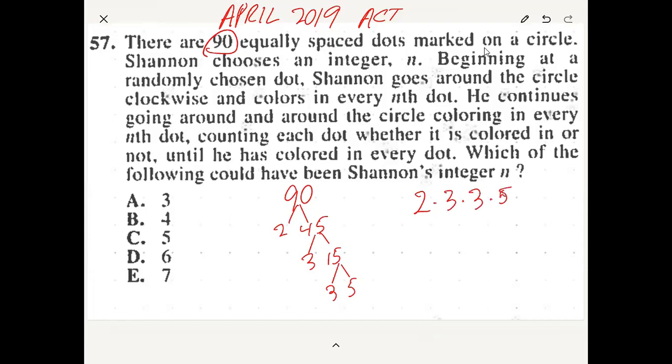So I thought that maybe the answer would be one of the factors. But then when I looked over here, I noticed that 3, 5, and 6 were factors. So I said, how do you decide? So then I thought about it a little more, and I said, well, 4 and 7 are not factors. What does that mean? So here's what I wound up doing.